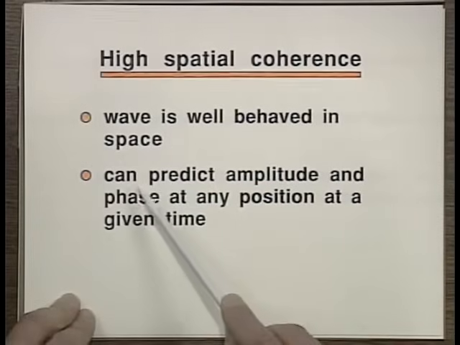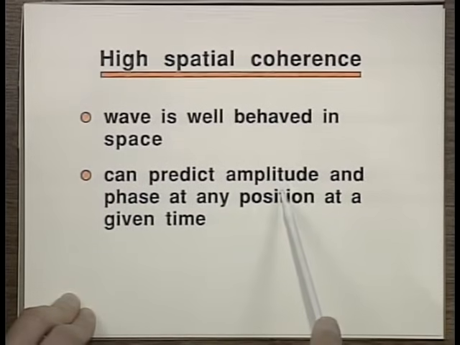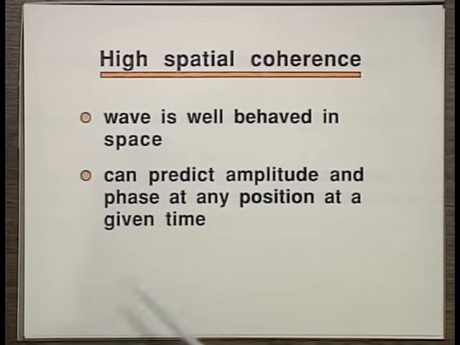Remember, we showed that the wave continues uninterrupted for long periods of time. That's a very well behaved wave in time. Now we're talking about a well behaved wave in space, which means that we can predict its amplitude and phase at any position at a given time, while before it was at the same position at a different time. Here it's at any spatial position, as a function of time and also, of course, of space.